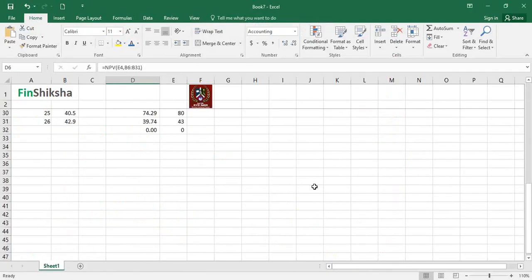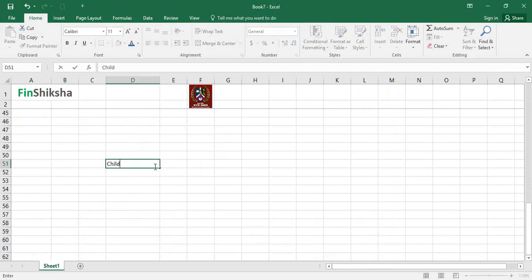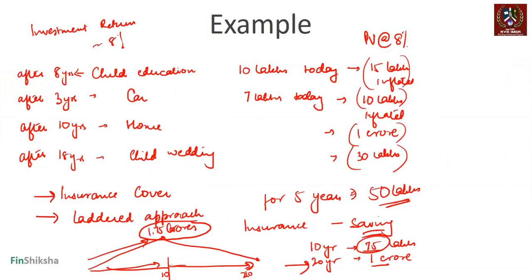So for this, we go back to our Excel file and we just say, let's say, expenses that we are trying to build in. So child education, and the number of years that we are looking at is, let's say, after 8 years, and the inflated value is 15 lakhs.